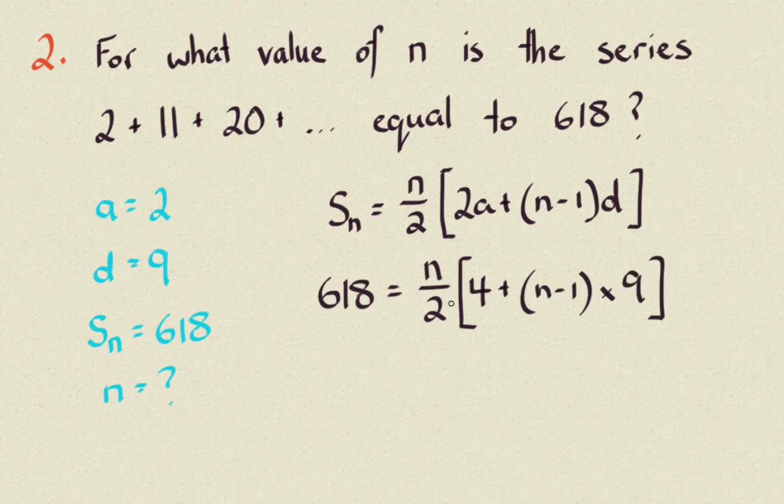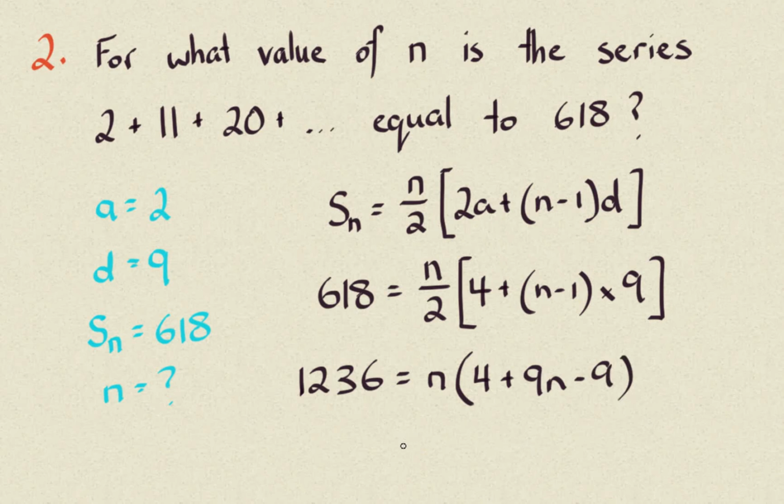Now I've got a fraction here, okay, so personally I would like to multiply both sides by 2. So we're going to double 618, which is 1,236. And then we still have n out the front at the moment. Let's tidy up inside the bracket. So we've got 4 plus, and we'll expand this bit here. So we have 9n minus 9.